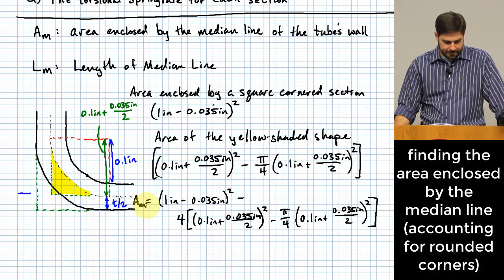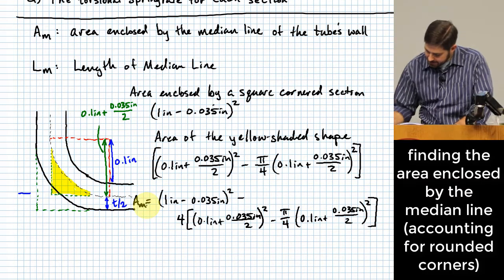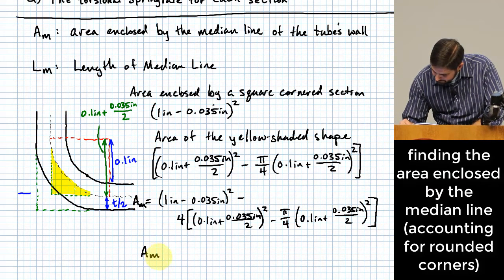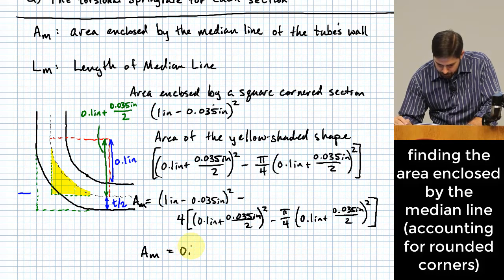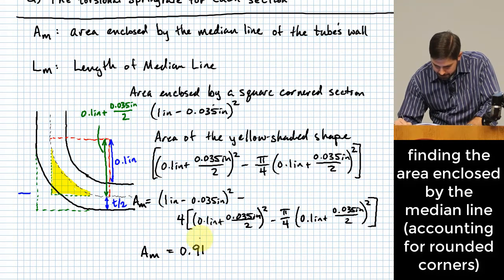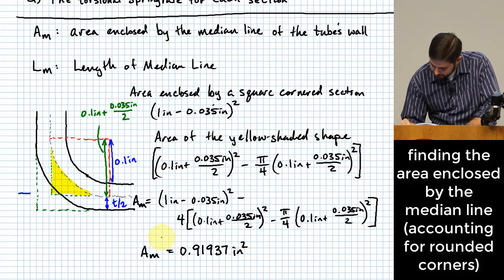All right. And so once I plug all of that in, A sub m ends up being equal to 0.91937 square inches or so.